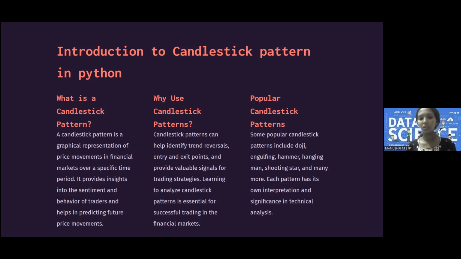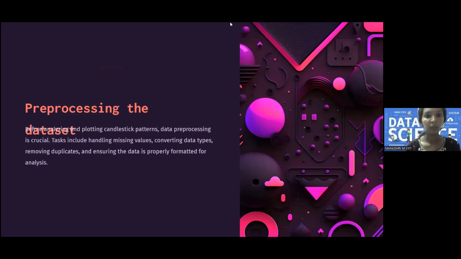We use this pattern because the entry and exit points are very clear in it, and it is the most common pattern people use in the stock market to predict the entry and exit points. So let me show you how I've done it.